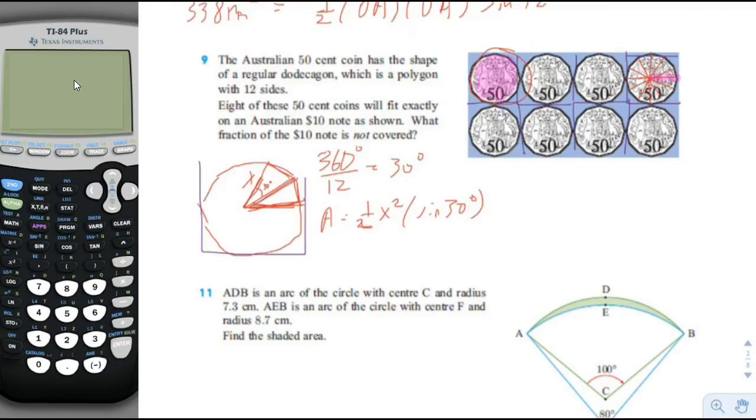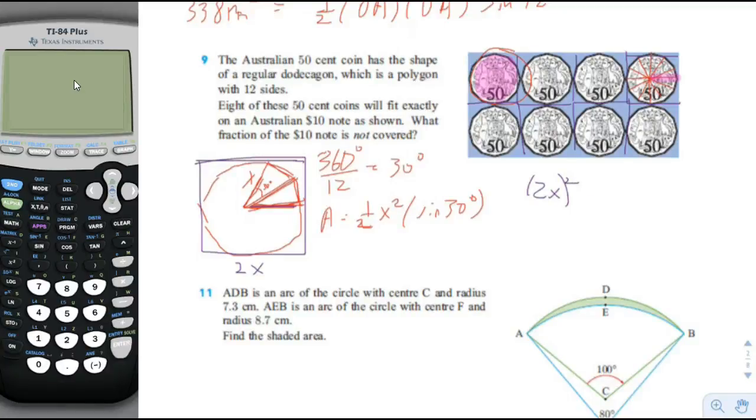So we're going to inscribe the 50-cent coin into just a part of the $10 bill. And we know that this thing across is 2x, right? We know that this is x, we know it's 2x across. So the total area is actually equal to 2x squared.